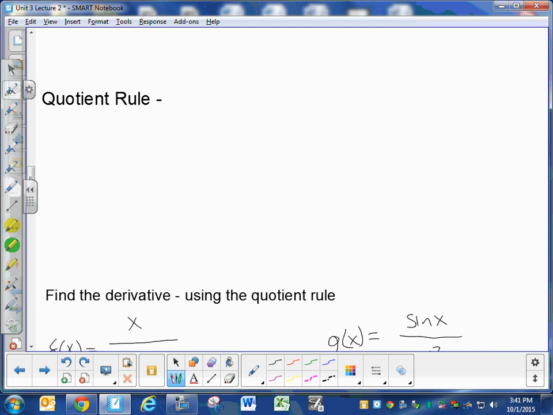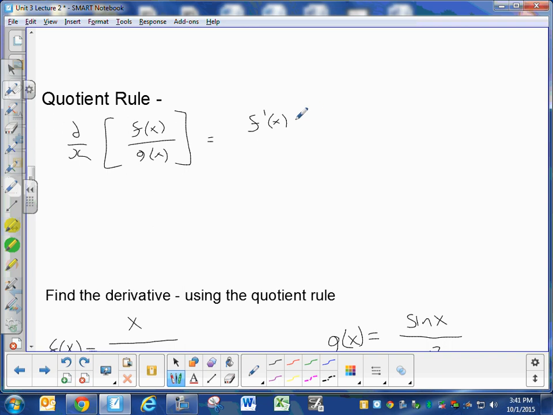You will find that the quotient rule and the product rule are very similar, at least at the top. I'm going to put f up top divided by g. Okay, the quotient of two functions. The derivative is, the top will look similar except for one difference.